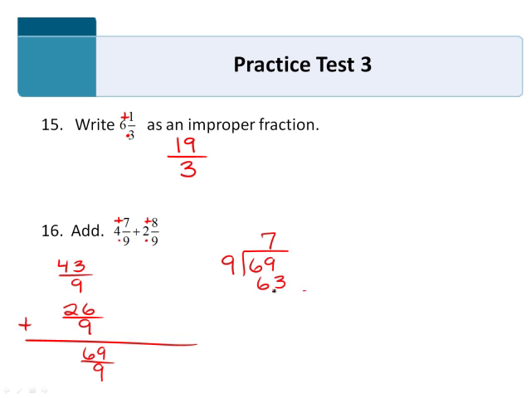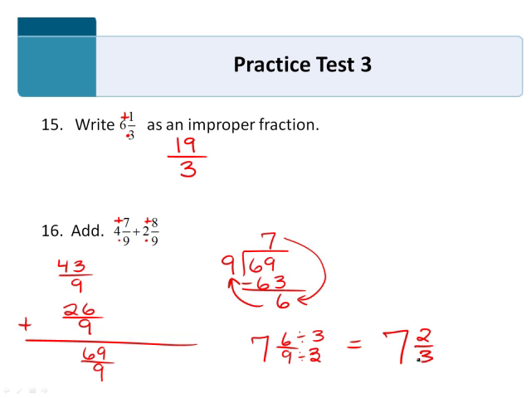That's 63, and that leaves 6. So we have 7 and 6 over 9. Now, you can't leave it like that because these 6/9 can be reduced by 3. So the 7 stays the same, and you would have 2/3, and that would be your final answer there.